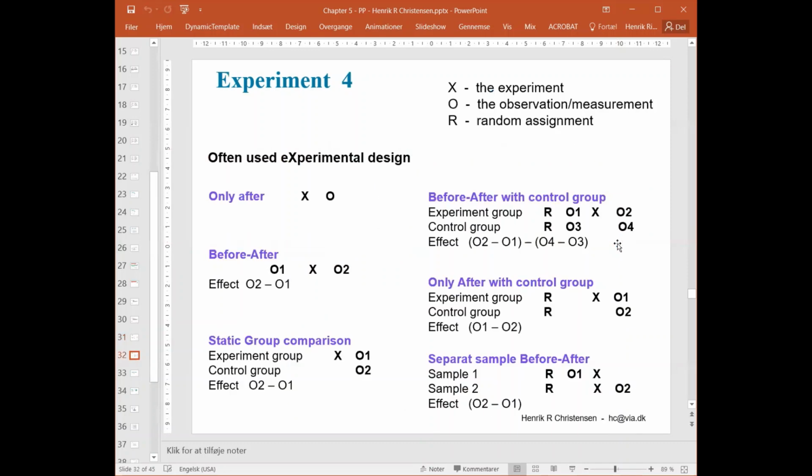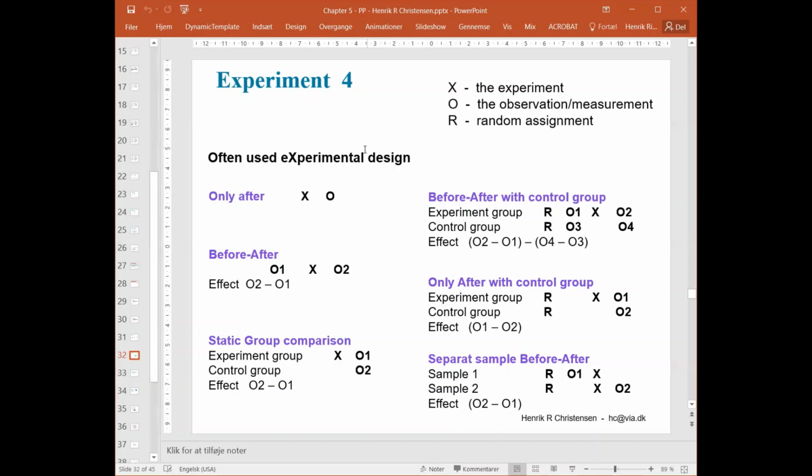Let's try to look at different kinds of experimental designs. And this is not something that's in the book. It's a step deeper into doing experimental designs. And also it's a pretty simple way to understand how to do experimental designs.